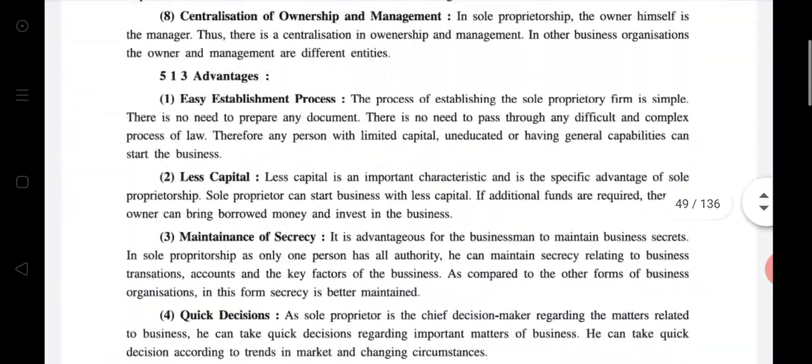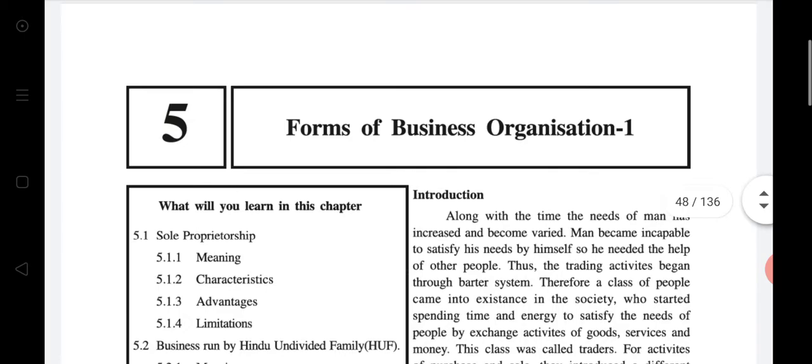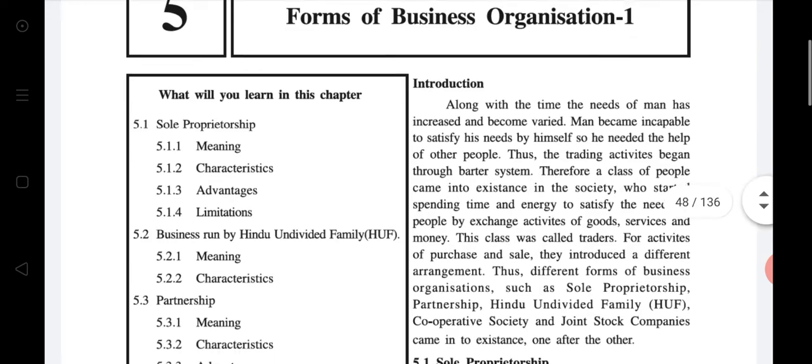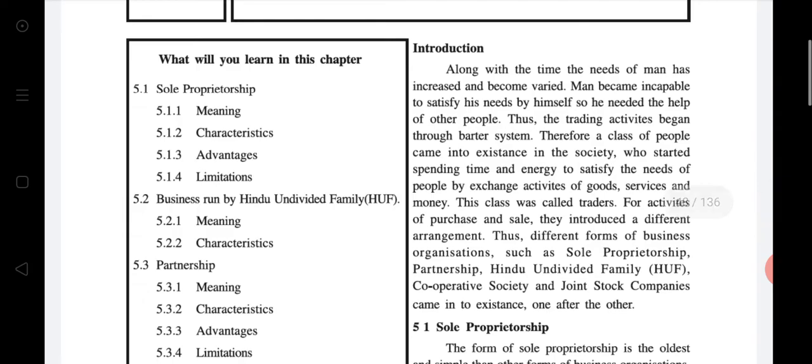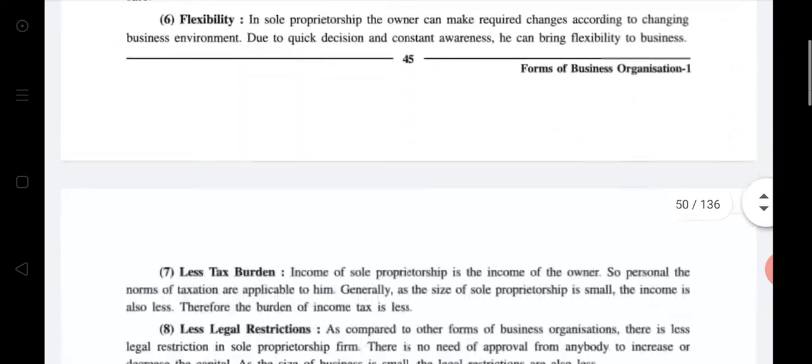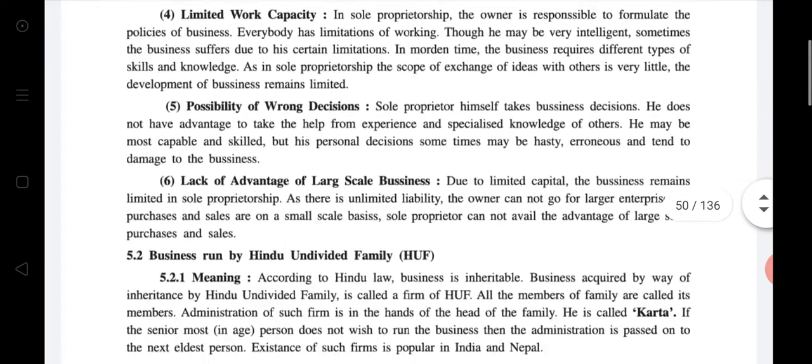Chapter number 5, Forms of Business Organization 1. In this chapter, we have already done sole proprietorship, business run by HUF, and in partnership, we did the main two topics.